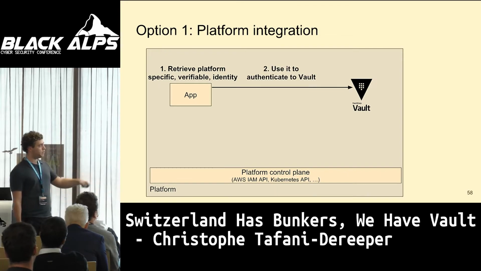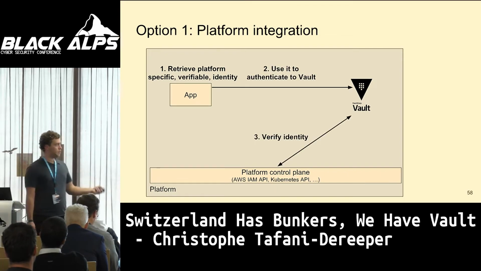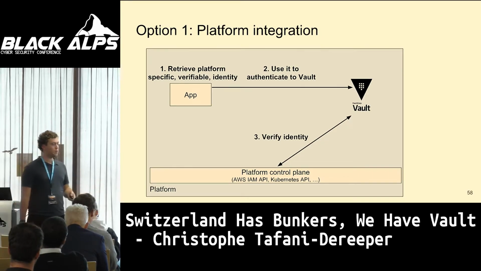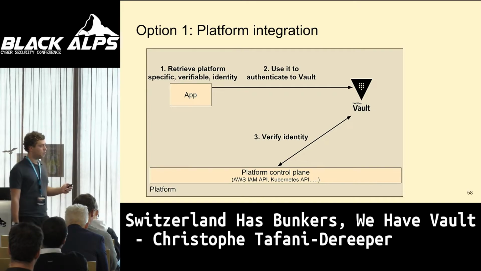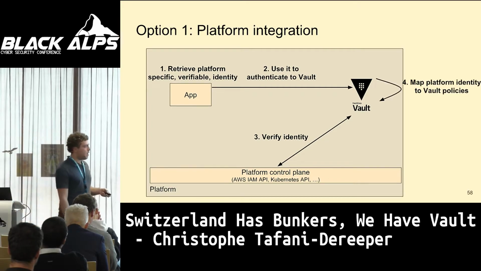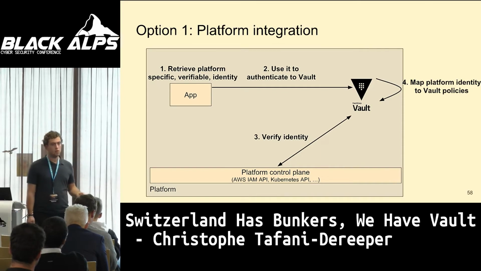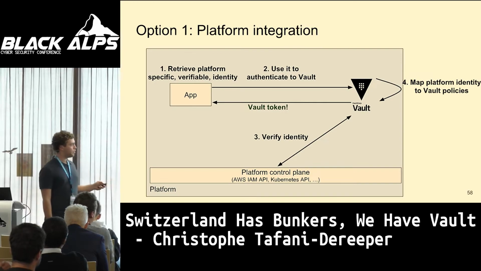It's going to give it to Vault in order to authenticate. Vault is going to maybe check the signature, make an API call to make sure that the application is who it says it is. And then it's going to map this identity to some policies, just like we did in our example for GitHub, and give back to the application a token which it's going to be able to use to talk to Vault.